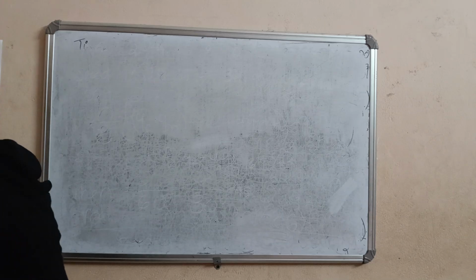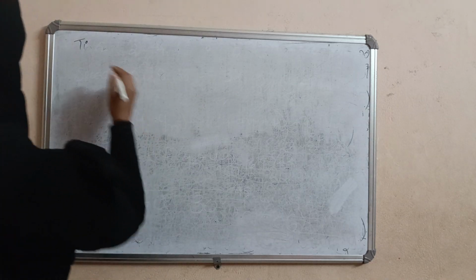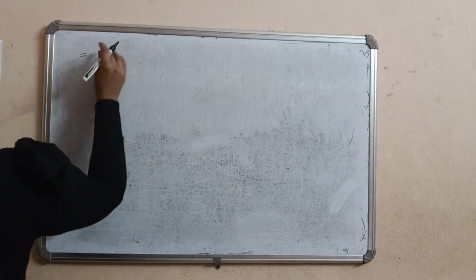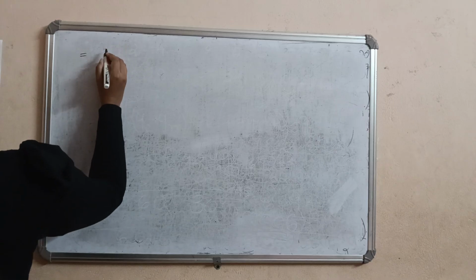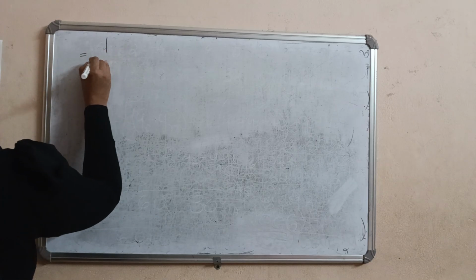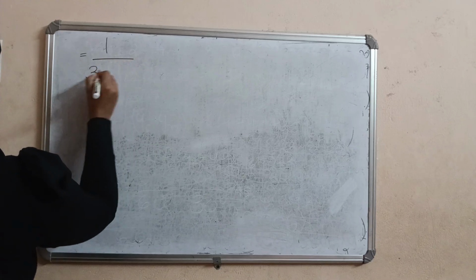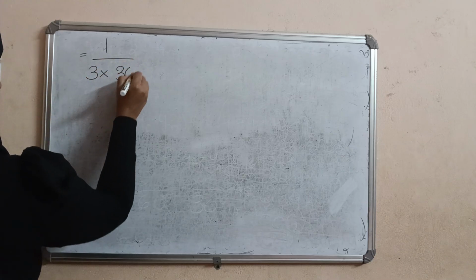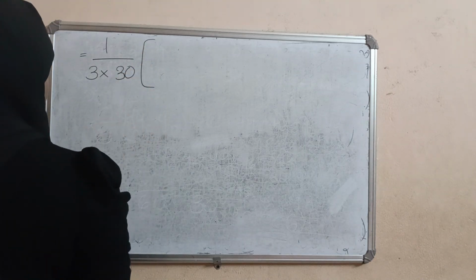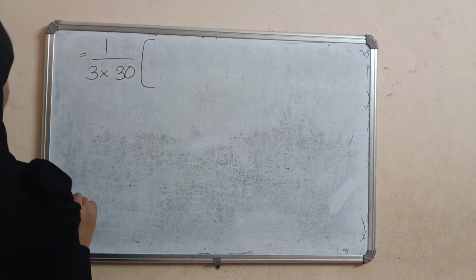We will have to plug in our values. Since h we got as 1 by 30, and here it is h by 3, it will be 1 by 3 into 30, into, what is our y0?